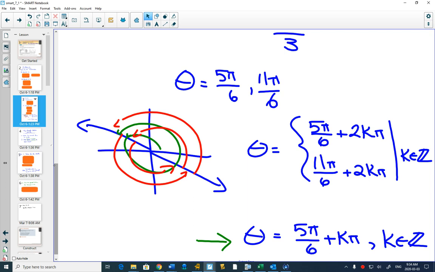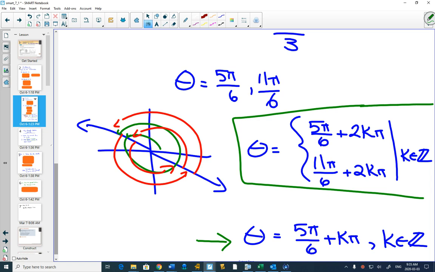That only works with tangent, because tangent's the only one that's in quadrant 1 and 3 or 2 and 4. So tangent is the only one which skips by pi. It won't work for sine and cos. So a lot of people just decide to use this method: I'm going to find my answers between 0 and 2 pi, write them down, and add 2k pi.